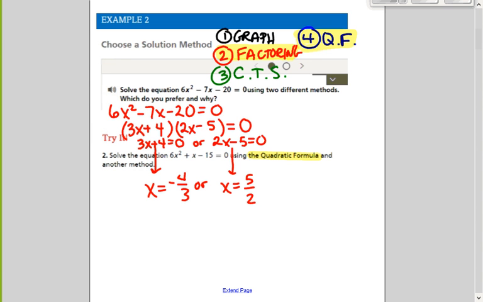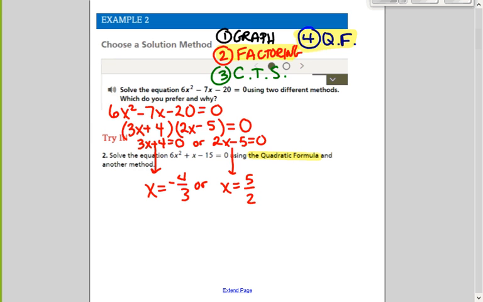I'm going to fill in those steps with the disappearing ink so you can see where they came from. I took away the 4 from both sides, and then you divide by 3. That's how I ended up with negative 4/3. Here, I added 5 to both sides, and then I divided by 2 to get 5/2 as the other solution. So we know the two solutions for this problem, negative 4/3 and positive 5/2.